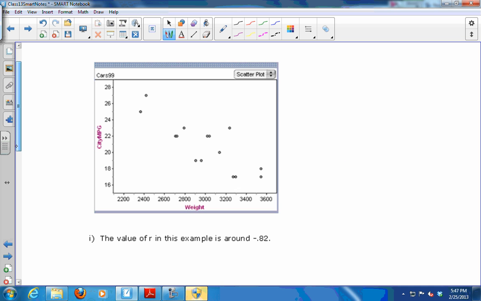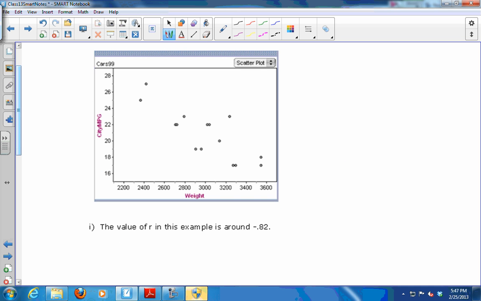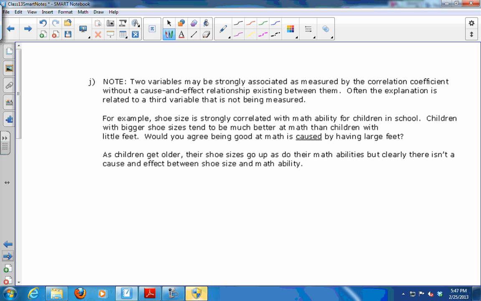Okay. So it turns out that the value of R in our example is actually negative 0.82. So this is a really important bit of statistical analysis here, and you should remember this for your whole life.